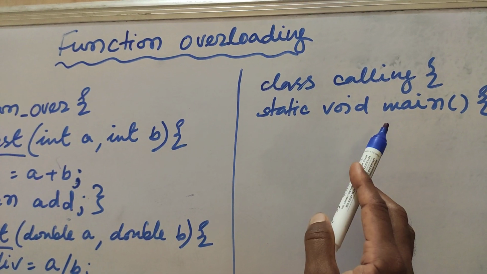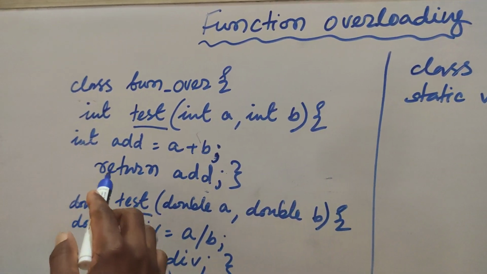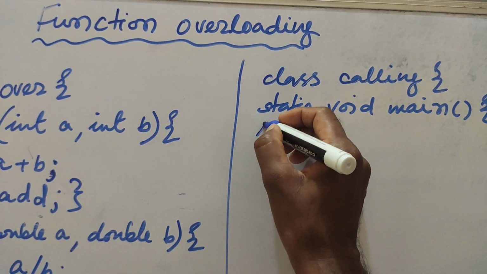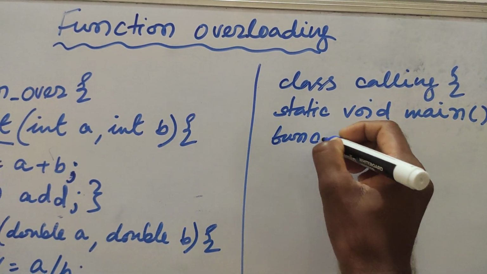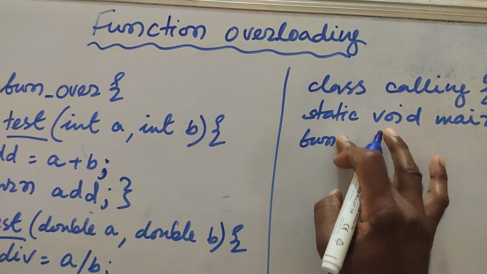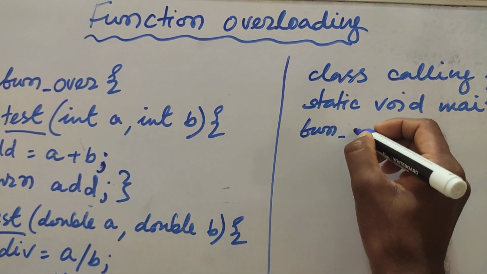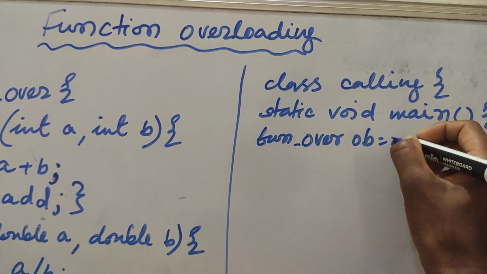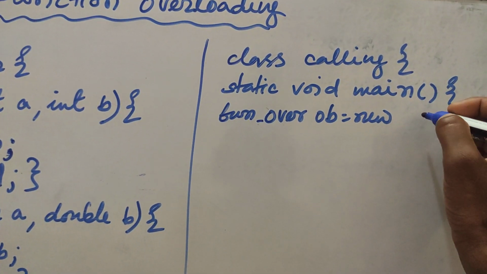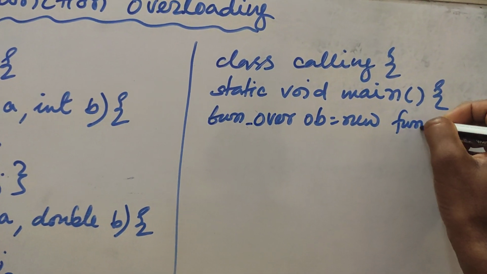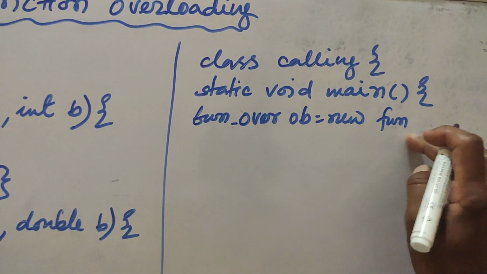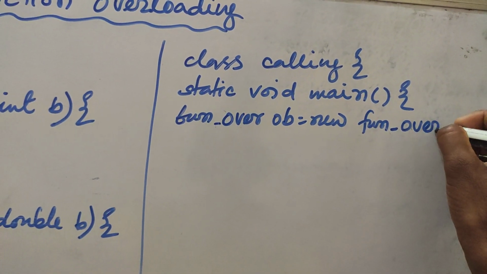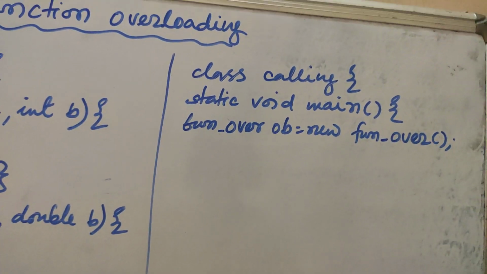We were calling impure ones before, where a return statement will not work. So what should we do? First we create an object, ob equal to new FUN, over this.